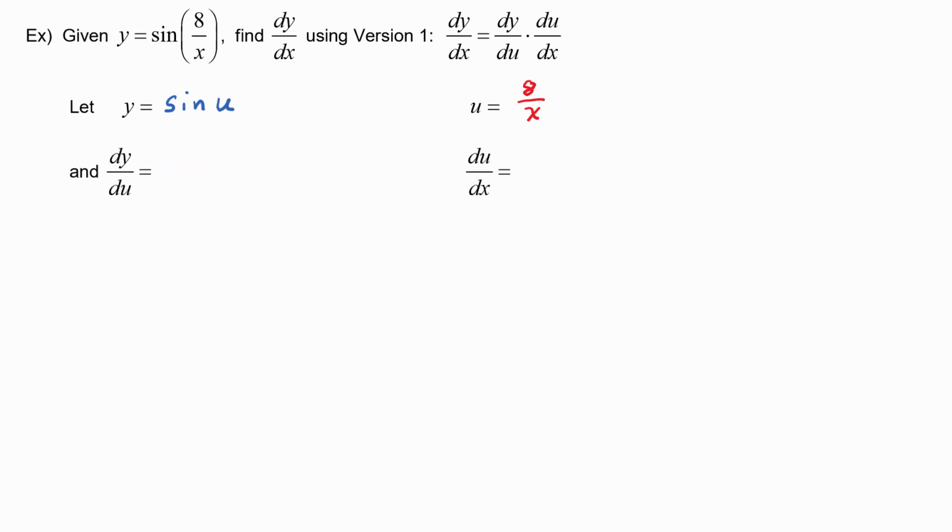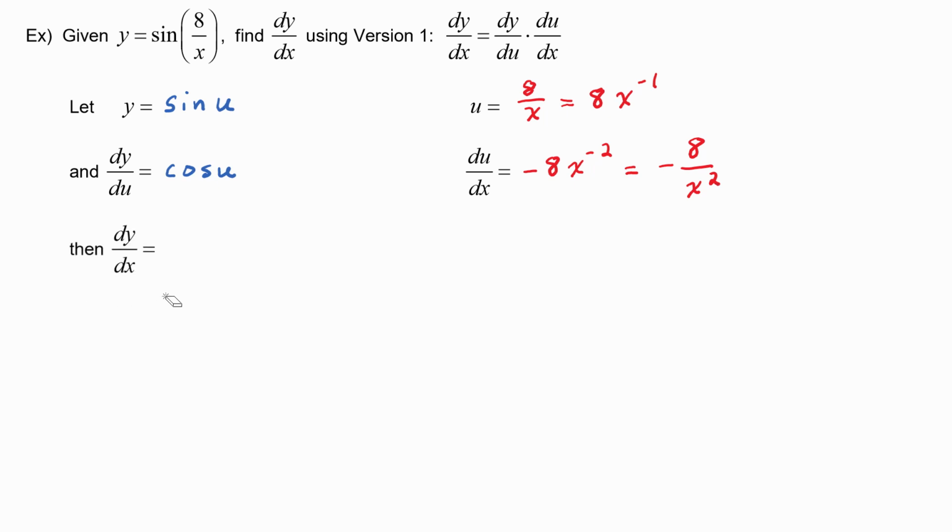Now we can find the derivative of y with respect to u. We know the derivative of sine is cosine, so this will be cosine u. And then we can find the derivative of u with respect to x. So let's write u as 8x to the negative 1. Then we can apply the power rule and get negative 8 x to the negative 2, which is negative 8 over x squared.